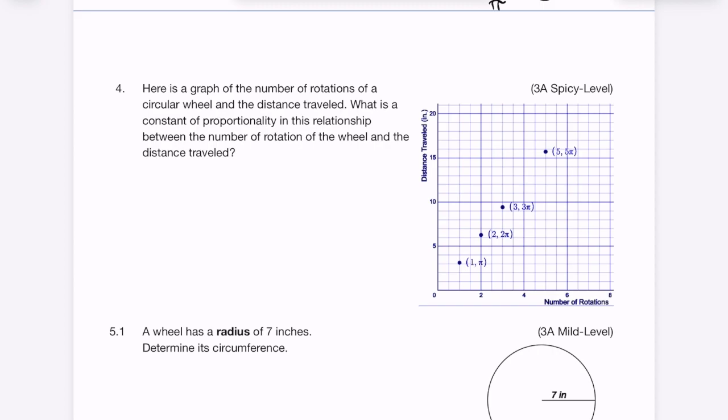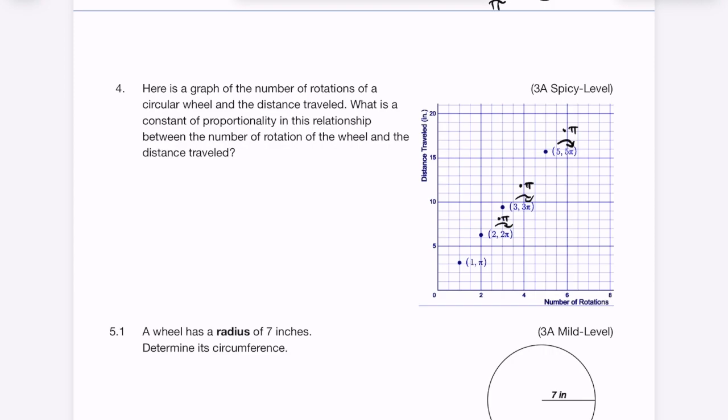But in this question, you don't need to understand that. You are just finding the constant of proportionality, just like we did last unit, right? We're saying, what do we multiply the x by to get the y? And we can see clearly here we're multiplying by pi, just like we do in general when we think about the relationship between the diameter and the circumference.